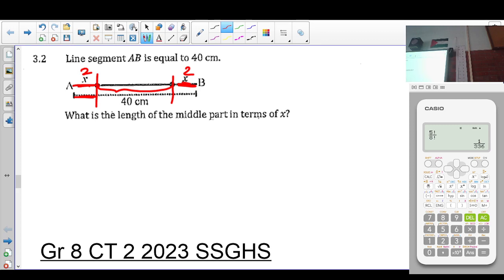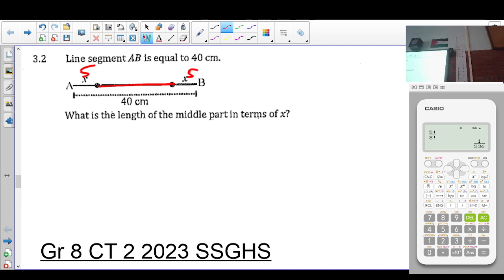36. Because it's going to be 40, the whole length 40, minus that 2, minus this 2, would give us 36. What if that length was 5 and 5, what would this length be? 30.